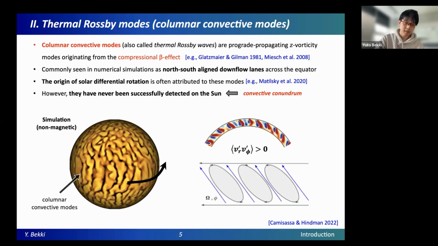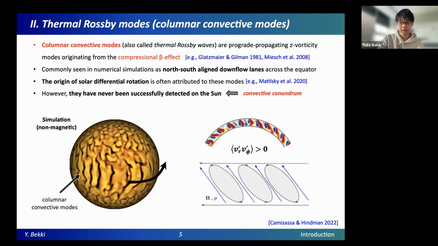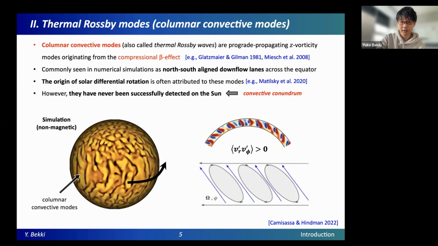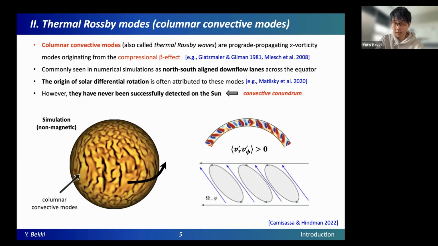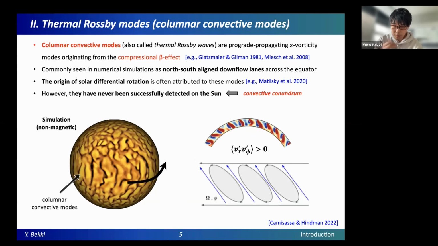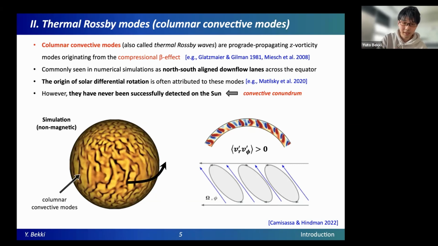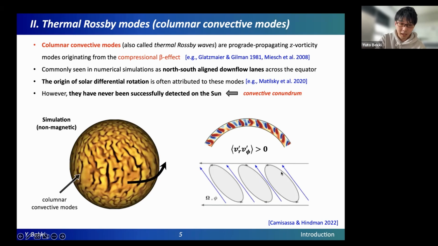These are also called Busse columns, Taylor columns, or banana cells. So for people working on numerical models, they are really well-known phenomena.